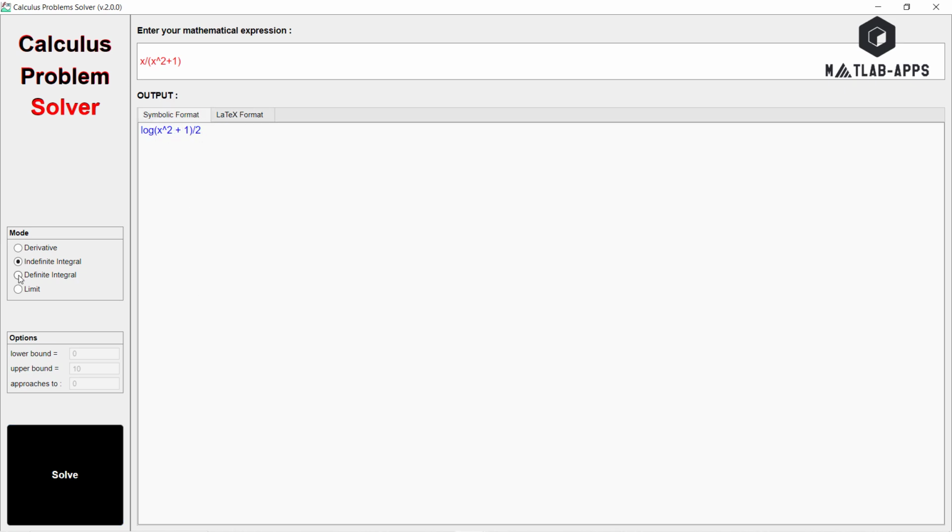Okay, and if it is a definite integral from 0 to 10, it will be this value, 2.3076. If it is a limit, we can let it approach 0 and it will be 0. If it is approaching 2, it will be 2 over 5. If it is 2.2, for example, it will be this value.